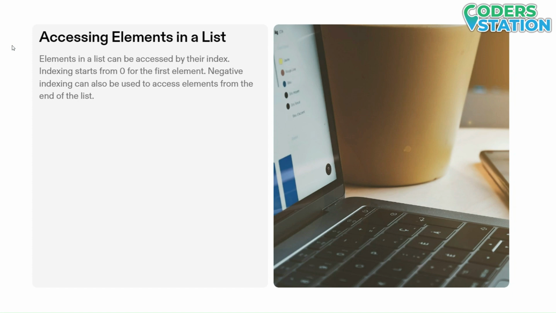Suppose I have 5 elements in the list, so the index will start from 0 and n minus 1 will be 4, that is, index will be from 0 to 4 and it will have 5 elements in the list, and the negative indexing is used like -1, -2, -3 and so on. So now we will see how to create a list and how to access the elements in a list in different ways.